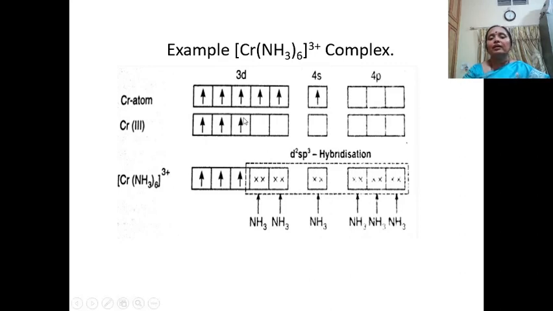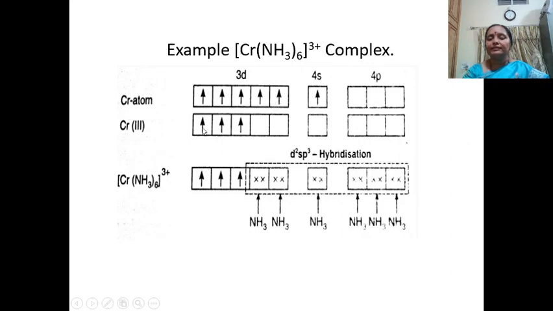So here in hexaammine chromium 3+ ion, what do I observe is, in its atomic state there are 5 electrons in the 3d orbital and 1 electron in the 4s orbital. When it is forming a complex, the oxidation state of chromium is going to be +3, so it loses 2 d electrons and 1 s electron.